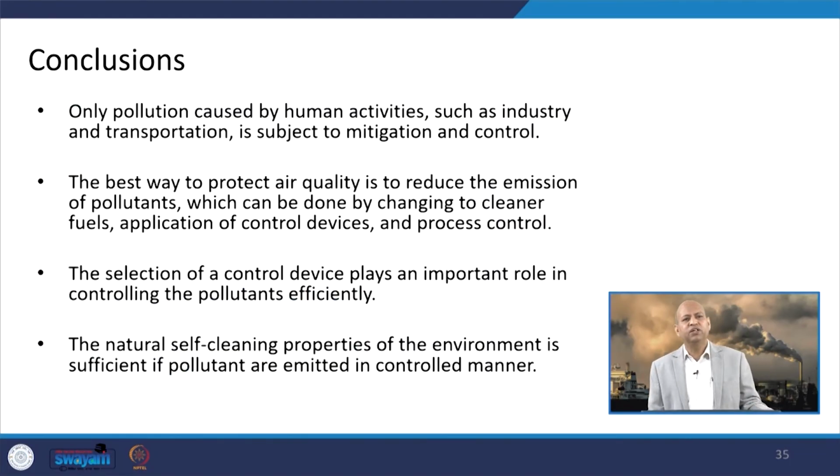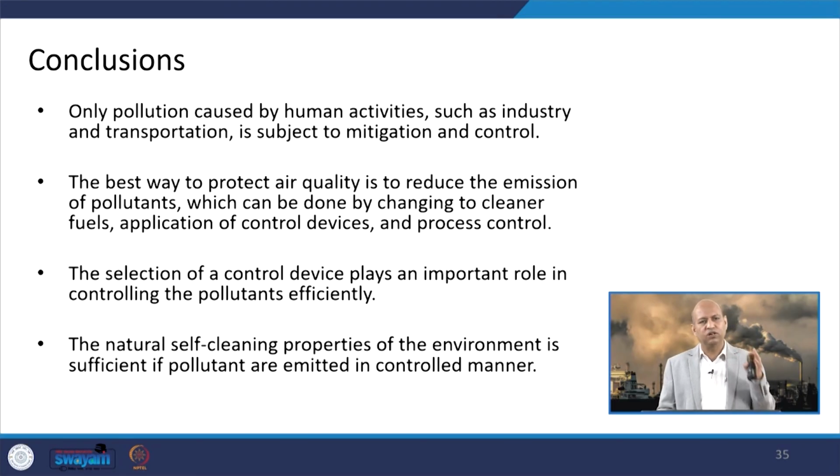So, all in all we can say that these devices, controlling equipment for air pollutants, are based on natural phenomena known as the self cleansing principles of nature. Various equipment is designed on the basis of those. Only pollution caused by human activities such as industry or transportation is subject to mitigation and control.